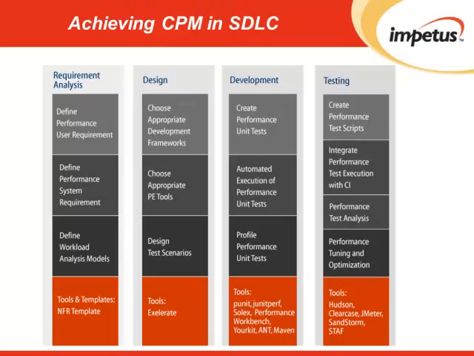Now, let's take a look at the holistic approach of achieving CPM across the SDLC phases. One of the important phases that is again forgotten by most of the teams is the post-deployment phase. This is the phase where applications are deployed in production, but the CPM doesn't end here.